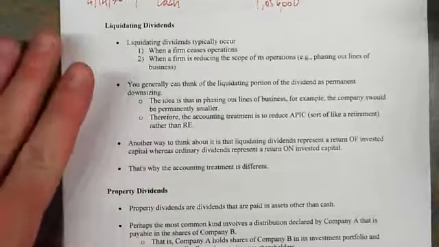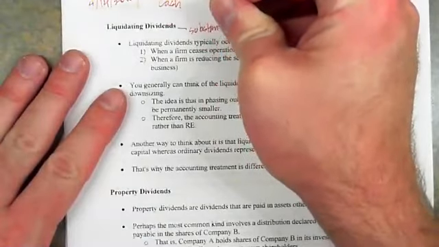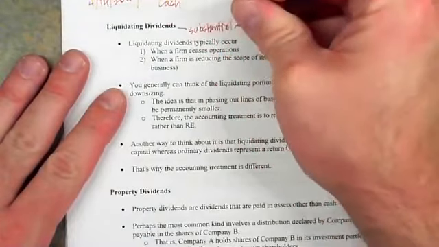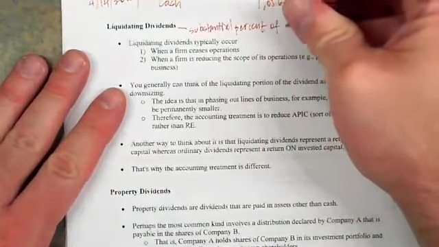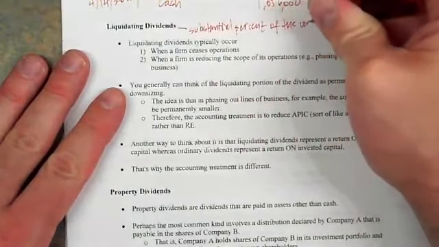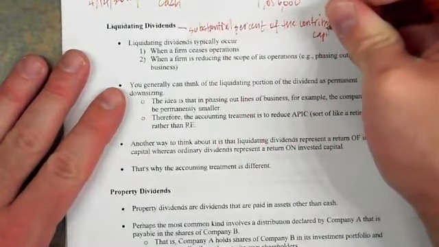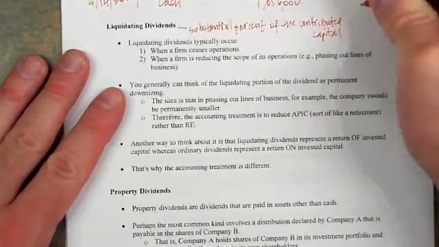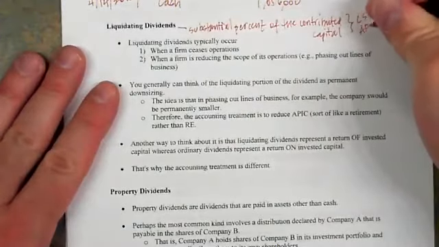So this is typically a substantial percent of the contributed capital, which would be in the firm in the form of common stock and APIC common stock.